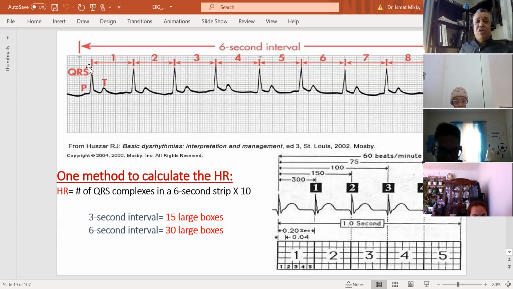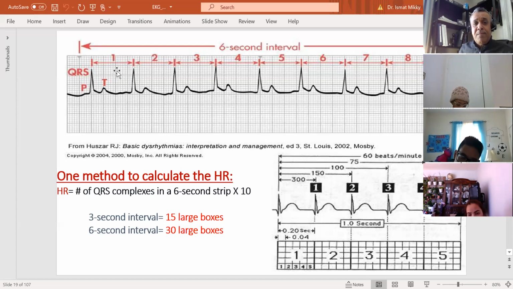From R wave to R wave, how many large boxes? If there's only one large box and then the R wave falls in here, the heart rate is 300. If there are only 2 large boxes in between, then the heart rate is 150. 3 large boxes, about 100.